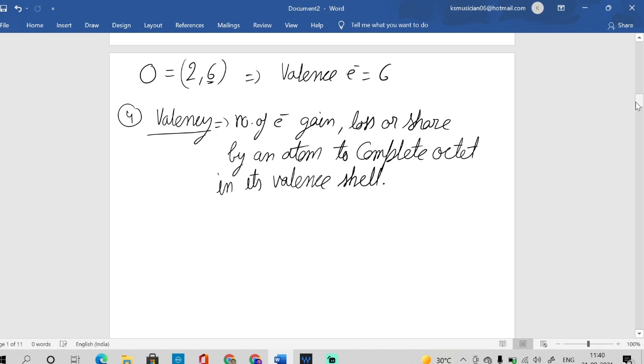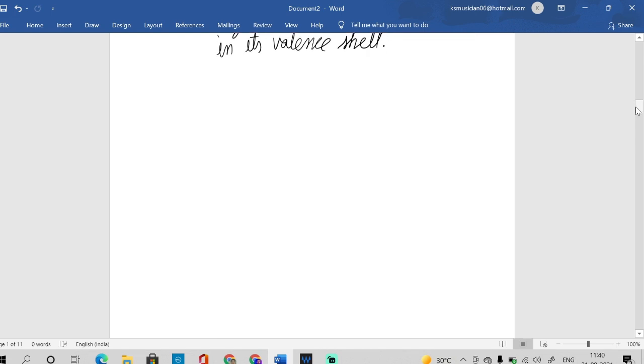Okay, so how can we identify which one will lose and how many electrons it will lose or gain? Simply, if an element has 1, 2, or 3 electrons in its valence shell, it means 1, 2 or 3 electrons are valence electrons in a shell.